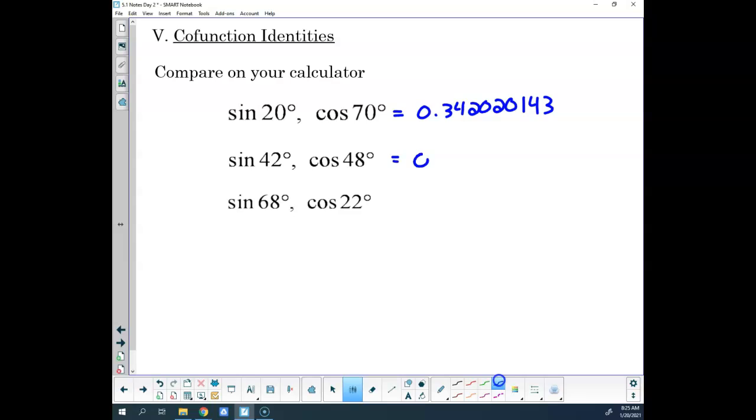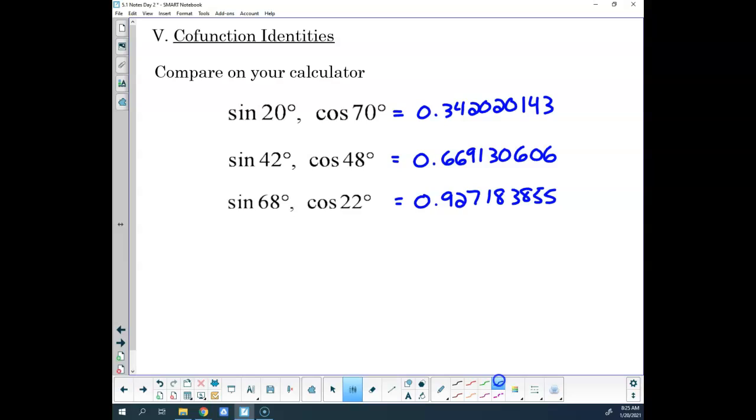Should be 0.669130606. You do the cosine of 22, I'll do the sine of 68: 0.927183855. Are you getting those on yours?